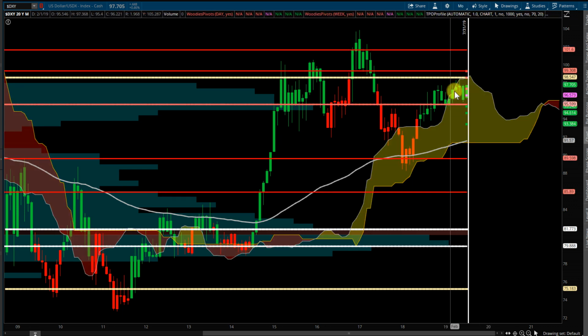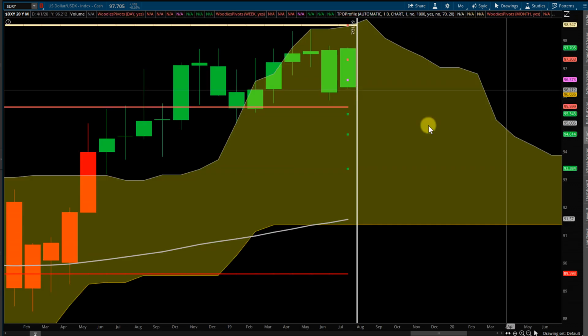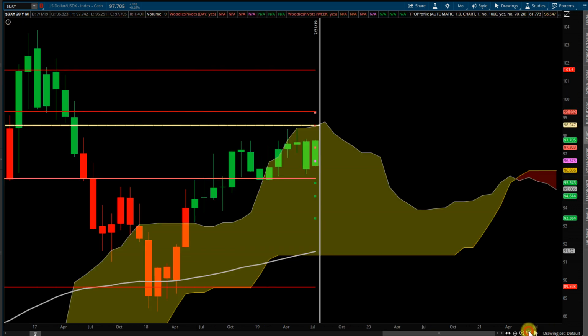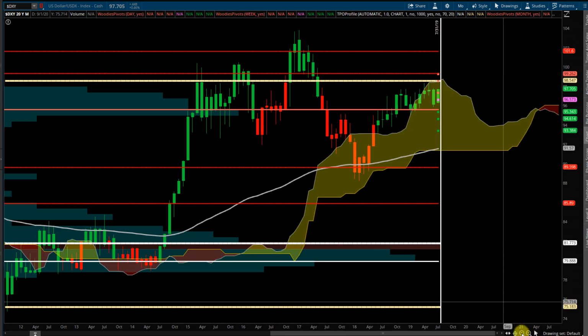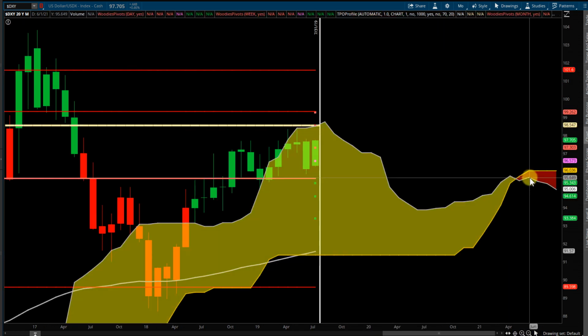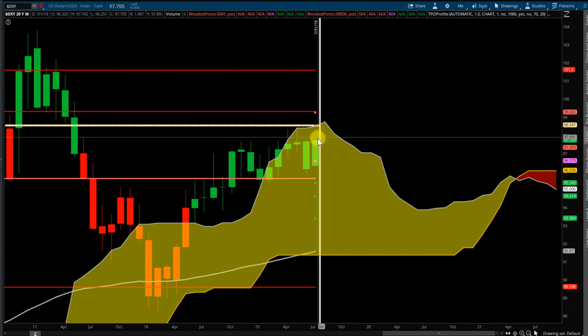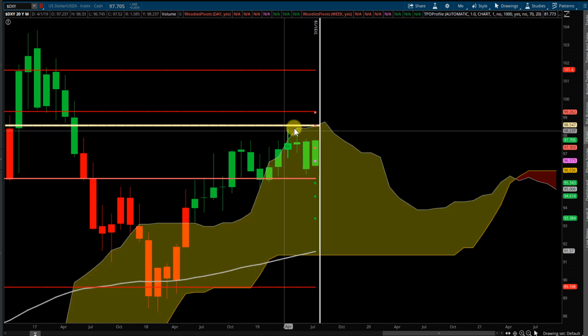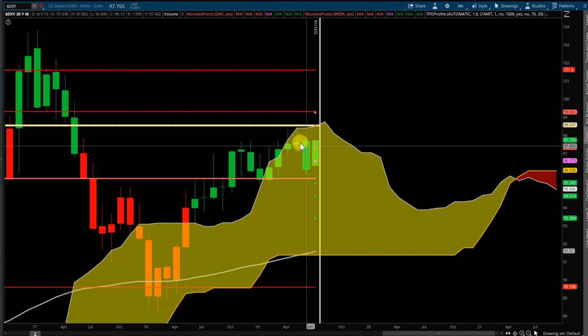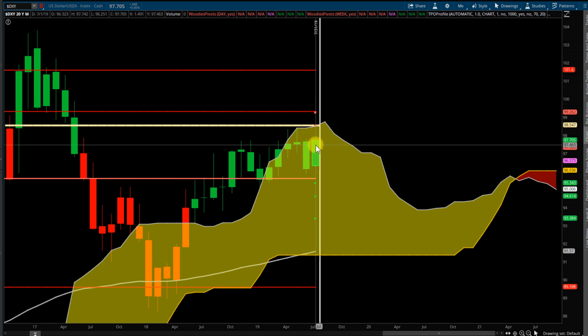So looking at the monthly, we get closer right here. We can see, interesting, that the cloud on the monthly is starting to turn negative for the US dollar. And we're right here. There's a lot of resistance right here, somewhere around 97.74.